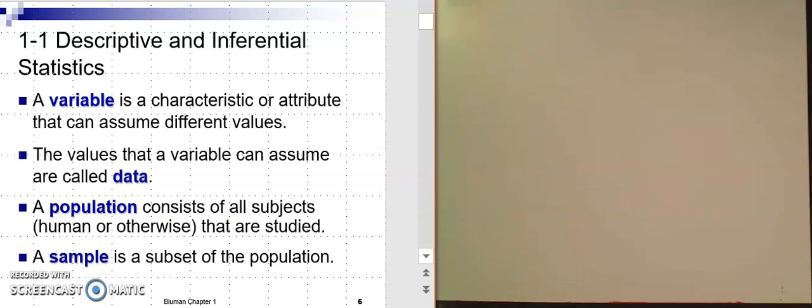For example, suppose we were concerned about pollution affecting the size of the fish in Tar River. Then our variable of interest would be concerning the size of the fish in Tar River. To determine that, we would develop some type of study. And when we do that, we're going to get some values. We're going to gather some information, and that information about the variable of interest is called data.